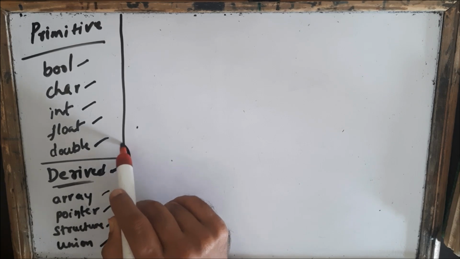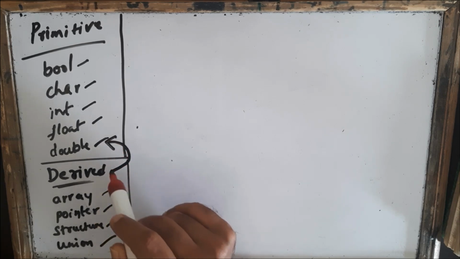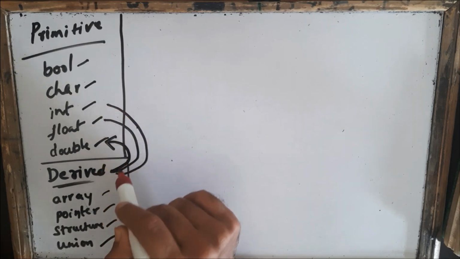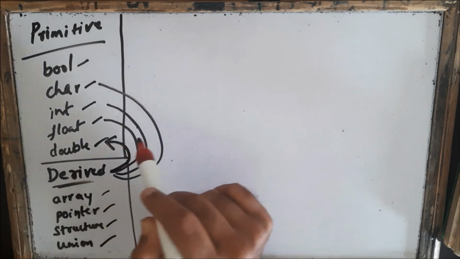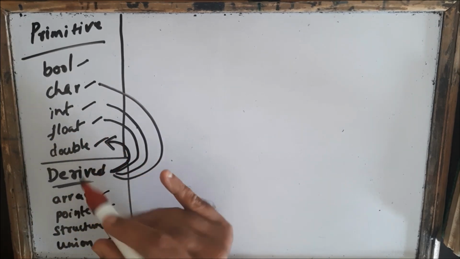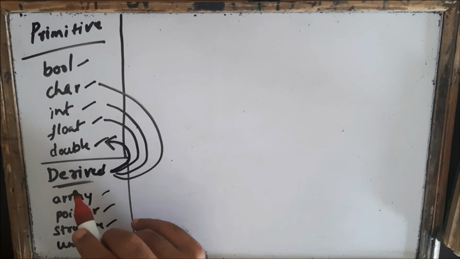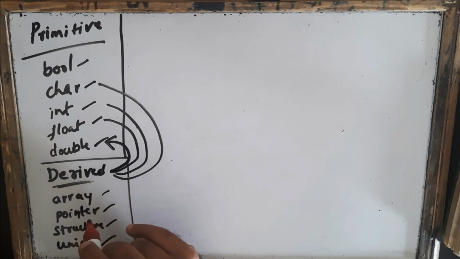They are actually derived from the double or the float or the int or the character. So they are derived from primitive. That's why they are called derived data types. So let's understand how every derived data type is derived from primitive data types.